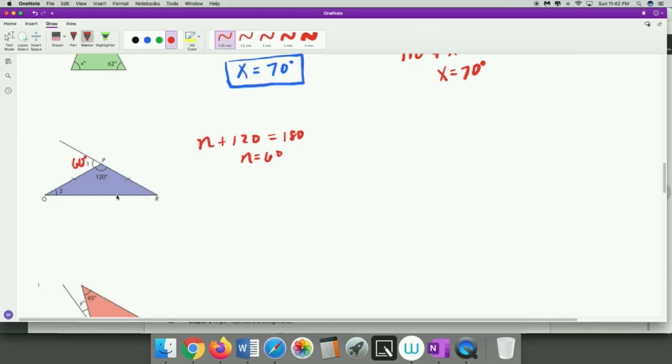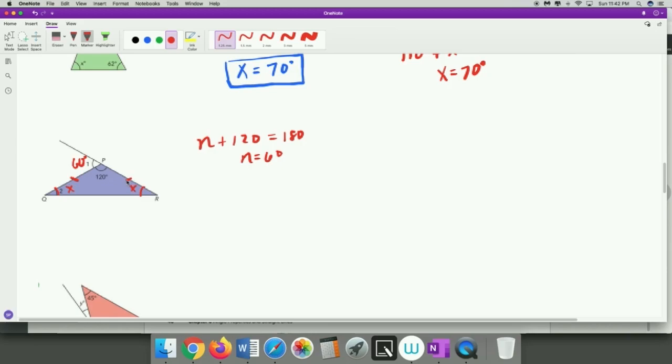Now, the other thing we know, and you might already have the answer, but we could call this angle right here x. Since this is x over here, this also is x, because we have these two marks here.